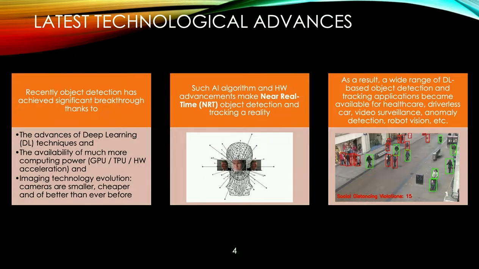Such AI algorithm and hardware advancements make near real-time object detection and tracking a reality. So we see nowadays more and more deep learning-based object detection and tracking applications becoming available for healthcare, driverless cars, video surveillance, anomaly detection, robot vision, and many more.